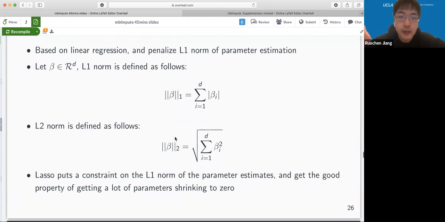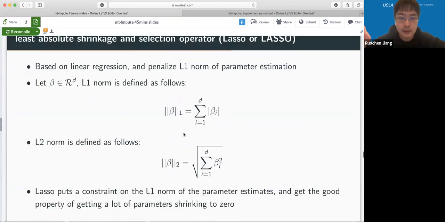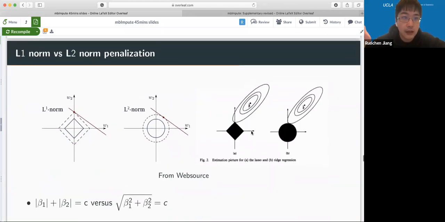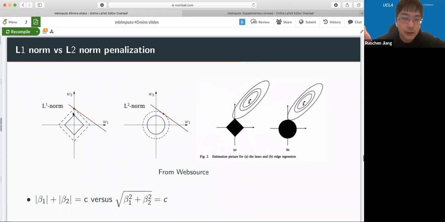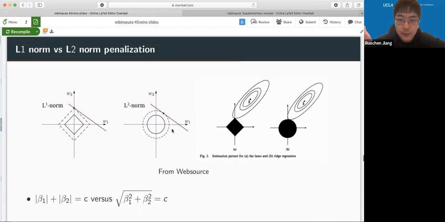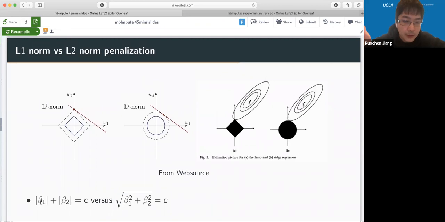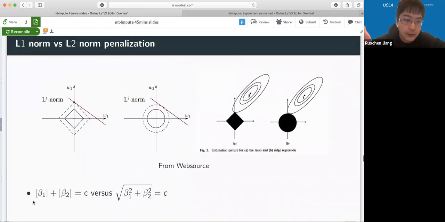I think this is kind of straightforward. The L1 norm is just the sum of the absolute values in each dimension. Here are two plots that show why the L1 norm will induce a lot of zero values. Let's look at beta with only two dimensions, beta 1 in the first dimension and beta 2 in the second.